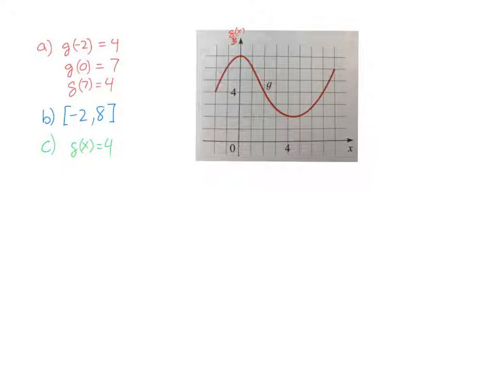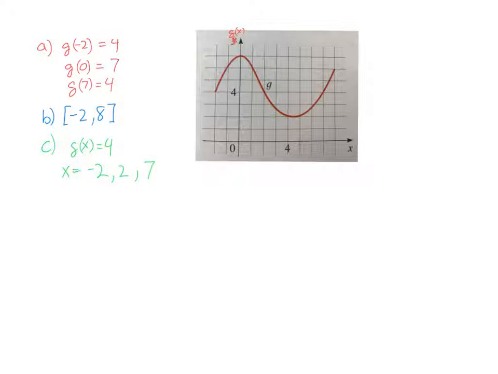So x equals, the first one looks like -2. The next one is going to be here, which looks like x equals 2. And then the last one is going to be right here, which is 7. And we already knew that one, mainly because of this one right here.